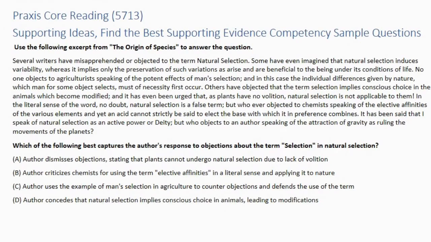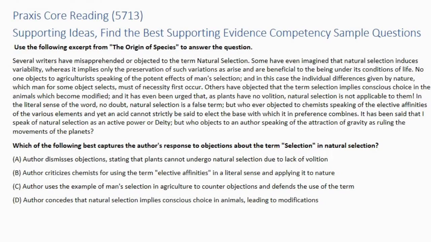Is it A, author dismisses objections, stating that plants cannot undergo natural selection due to lack of volition? B, author criticizes chemists for using the term elective affinities in a literal sense and applying it to nature? C, author uses the example of man's selection in agriculture to counter objections and defends the use of the term? Or D, author concedes that natural selection implies conscious choice in animals leading to modifications?